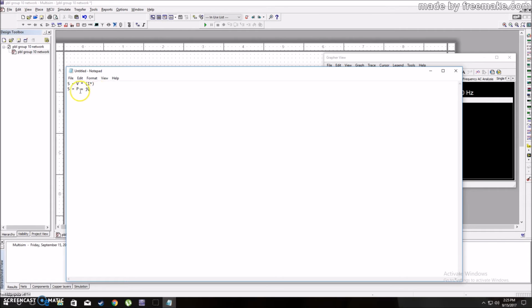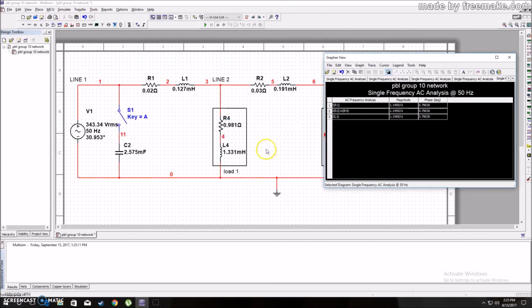So P, the real value, will represent the true power, while the imaginary number will represent the reactive power value.